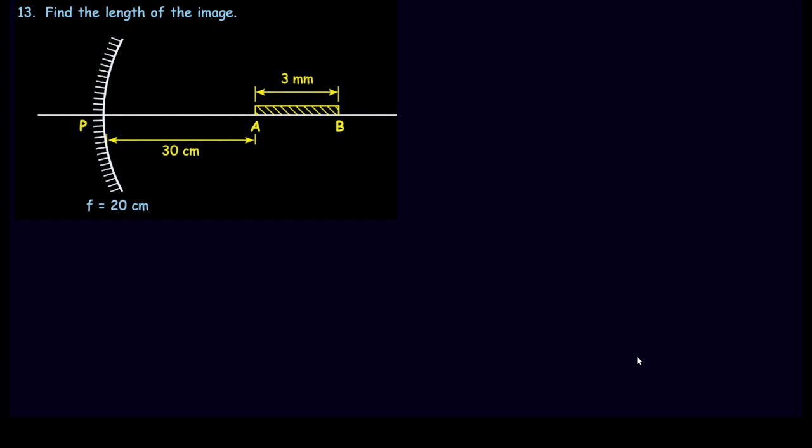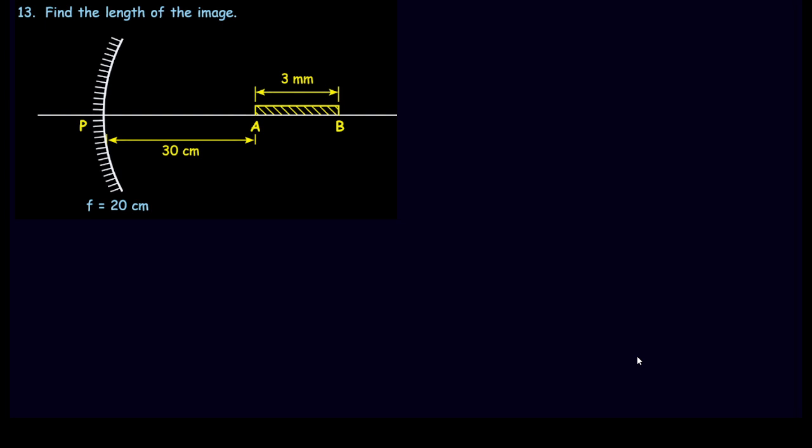You can try this problem. The length of this object is 3 mm, which is a very small value compared to the object distance.